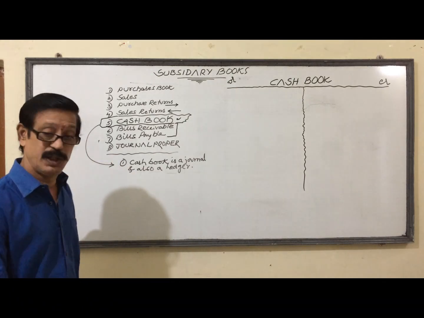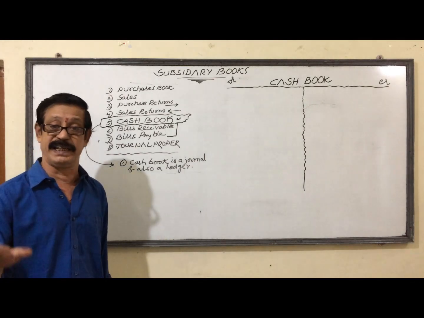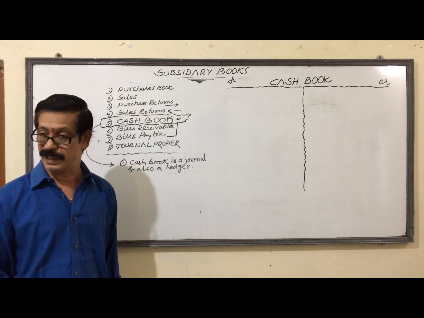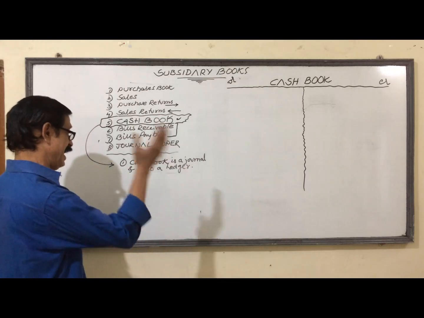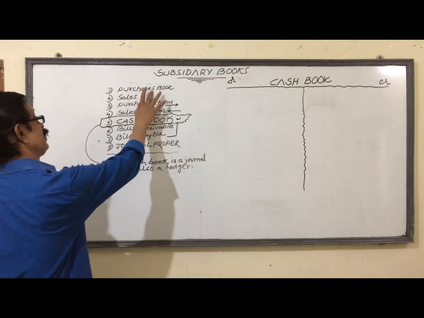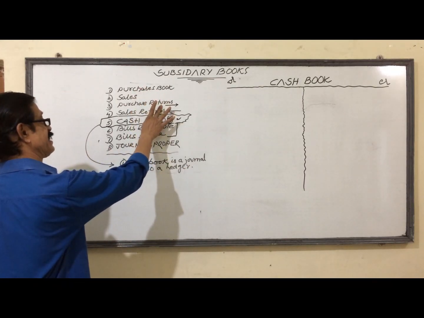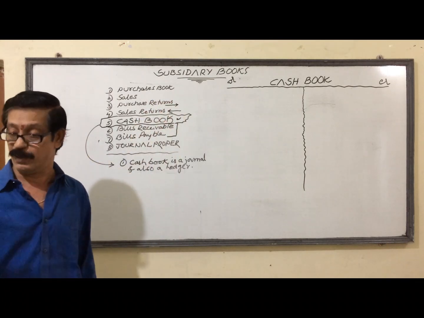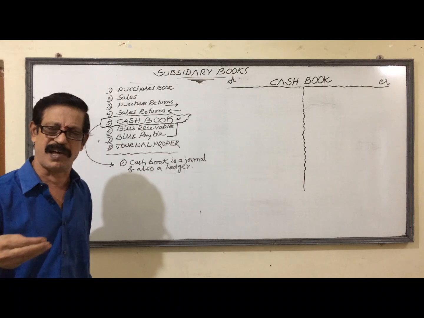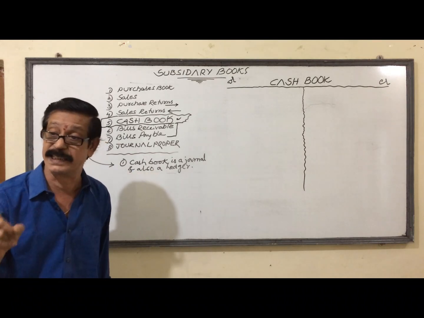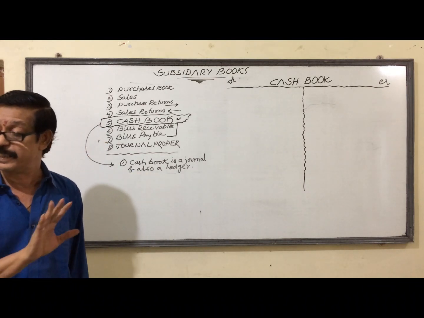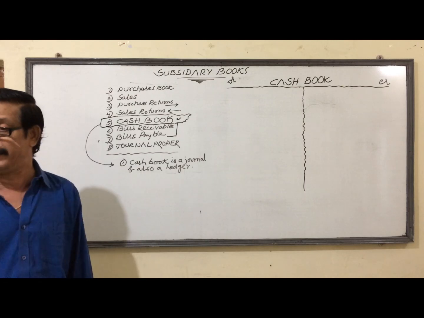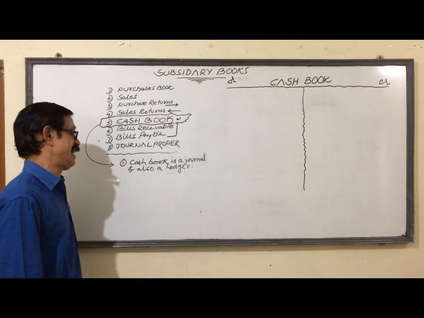That means no separate cash account is maintained in the ledger. Understanding? In the ledger book, purchase account is there, sales account is there, purchase returns account, sales returns account, SAI account, building account, furniture account, all the accounts are maintained in the ledger except cash account. Cash account need not be maintained in the ledger.